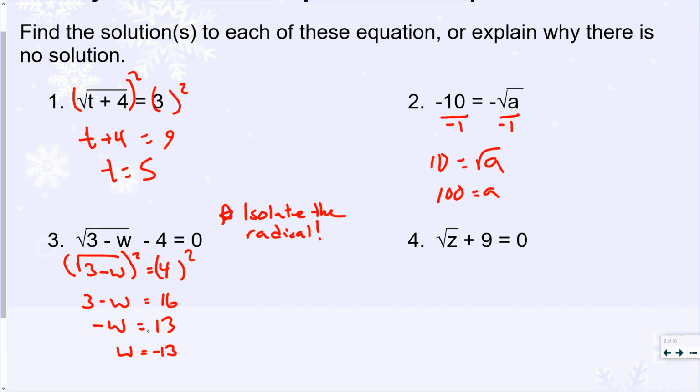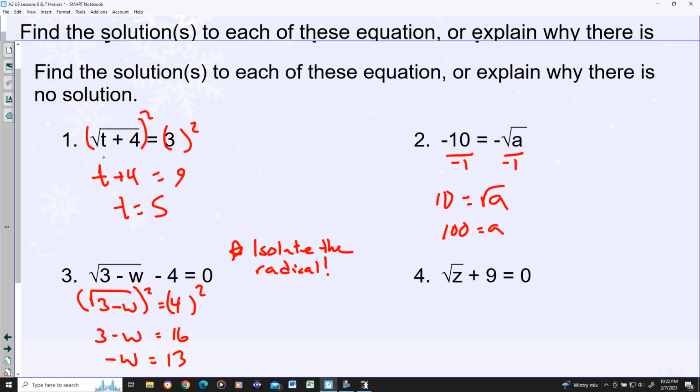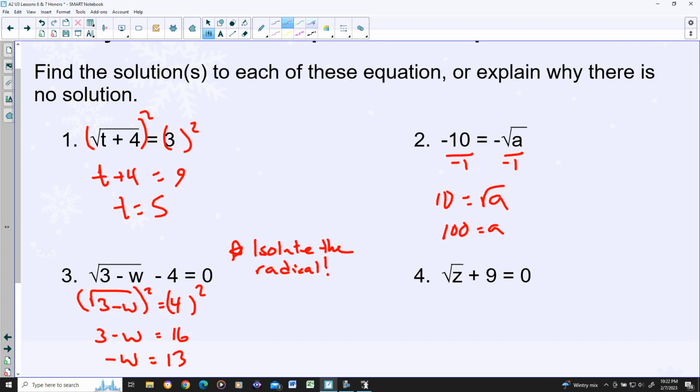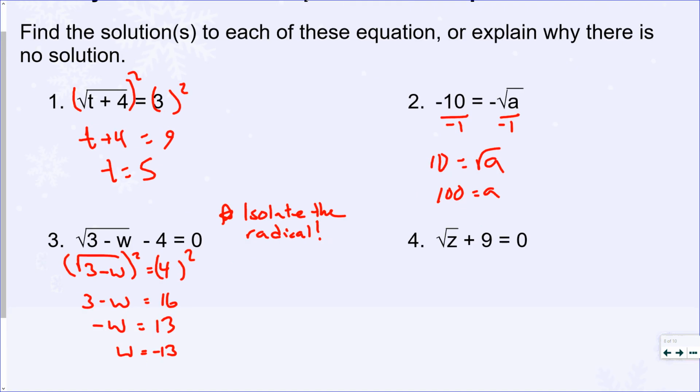But here's the other problem with this. And I'm going to illustrate this by a slightly different color. So I'm going to back this out and change the color a little bit. Okay, so what would happen if I actually squared both sides right here and now, rather than adding the 4 to both sides?